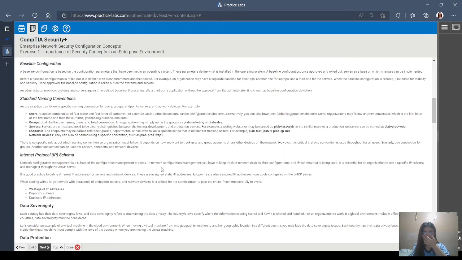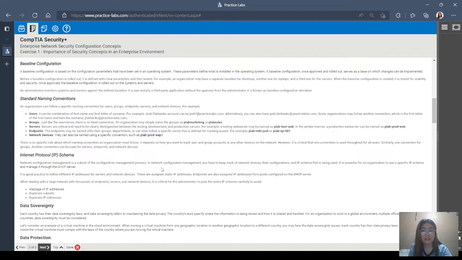Baseline configuration. A baseline configuration is based on the configuration parameters that have been set in an operating system. These parameters define what is installed in the operating system. A baseline configuration, once approved and rolled out, serves as a base on which changes can be implemented.